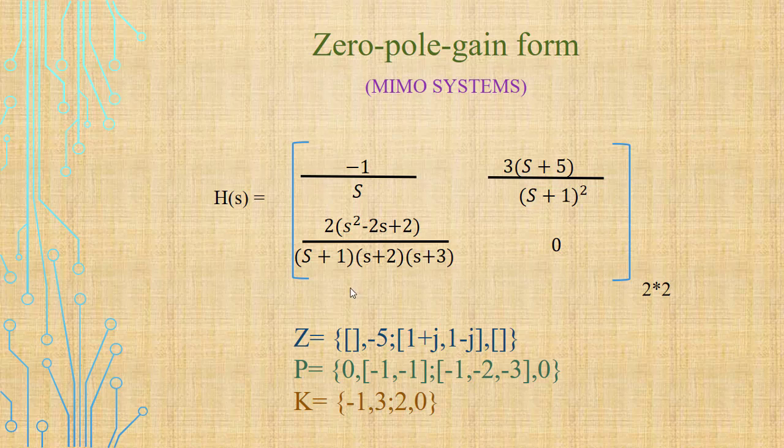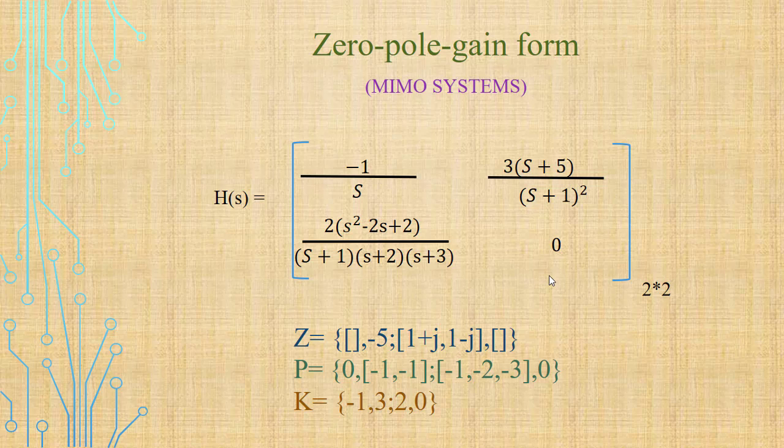For poles, for H11, we have here 1 pole, 0. H12, we have here 2 poles, minus 1 and minus 1. For H21, we have here 3 poles, minus 1, minus 2 and minus 3.